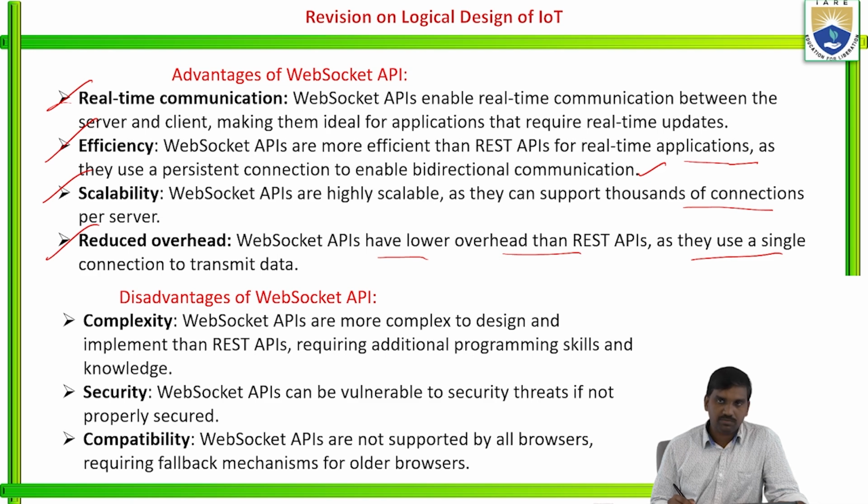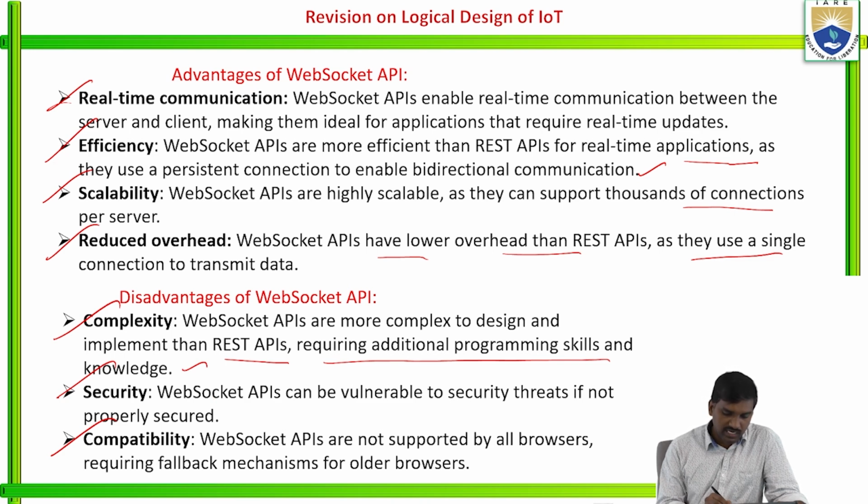So these are the advantages of WebSocket: real-time communication, efficiency, scalability, reduced overhead. And the disadvantages of the WebSocket API are complexity, security, and compatibility. WebSocket APIs are more complex to design and implement than REST APIs, requiring additional programming skills and knowledge. So this is the complexity, but it will give better output. And security. WebSocket APIs can be vulnerable to security threats if not properly secured.